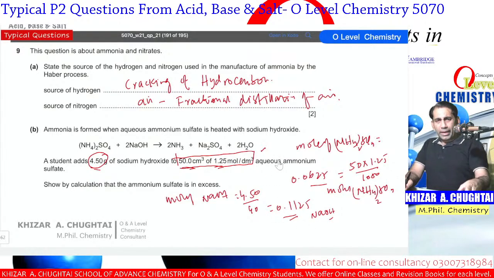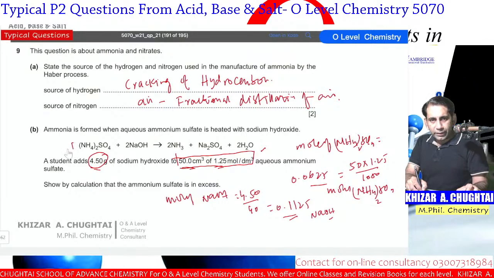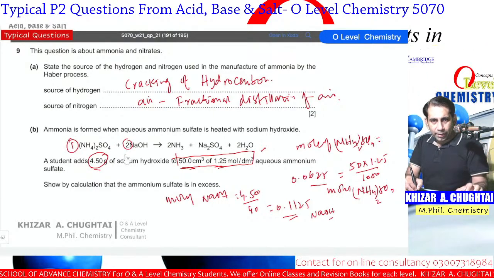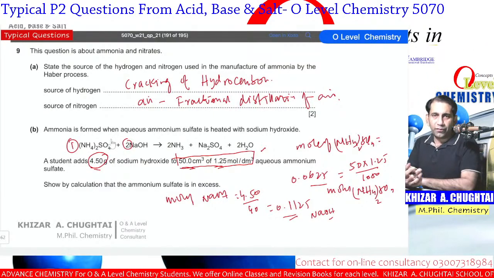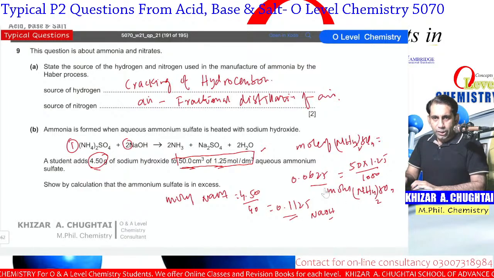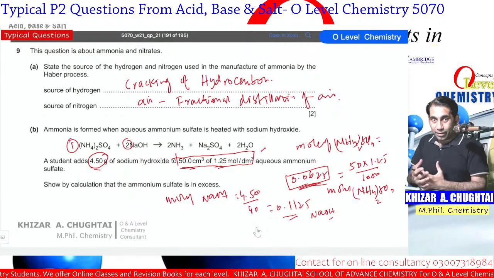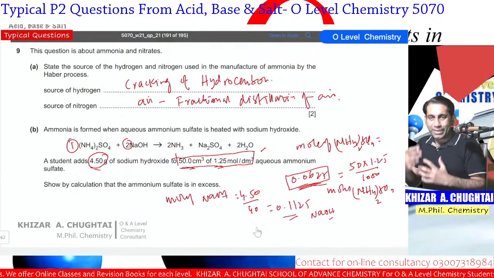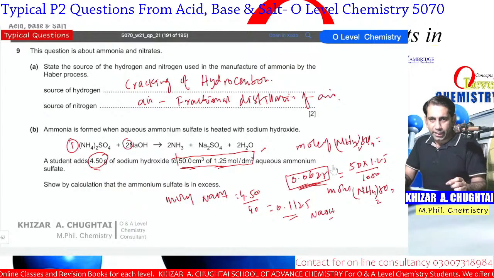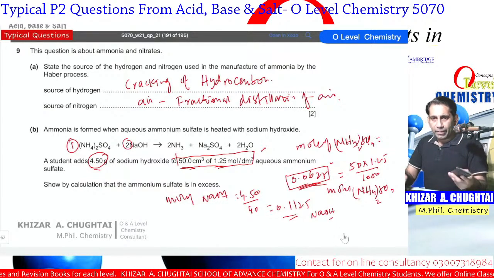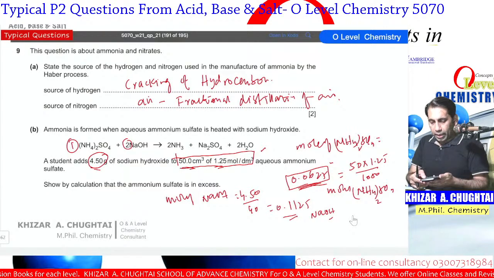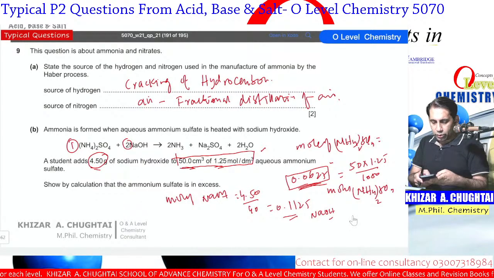So according to the chemical equation, 1 mole of this ammonium sulfate requires 2 moles of NaOH, right? Its 1 mole is demanding, for the complete reaction, double the moles of sodium hydroxide. What is the double mole of sodium hydroxide? You can say that I'm going to multiply 0.0625 into 2.